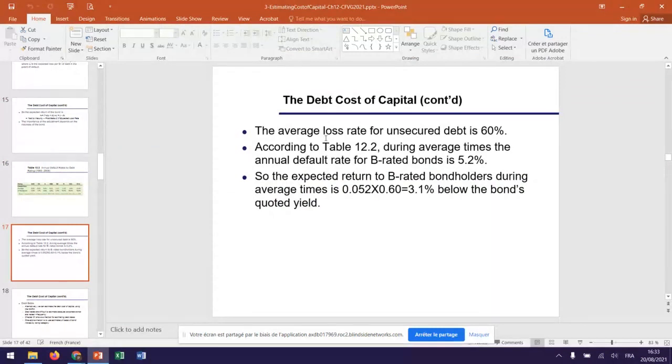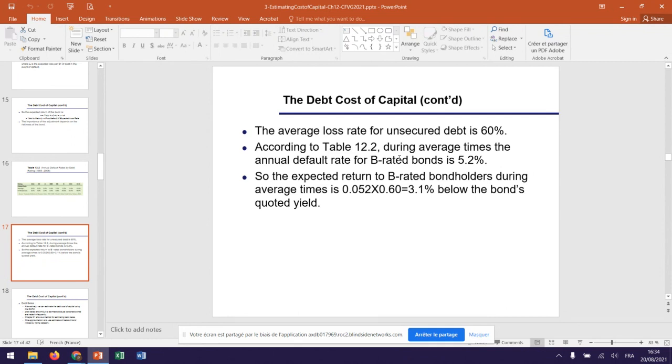It means $1 of outstanding debt, if you have a clean loan, it means you don't have any collateral. We call it unsecured debt. In case of bankruptcy, your $1 should go down to 40 cents, because the expected loss rate would be 60% of the value.